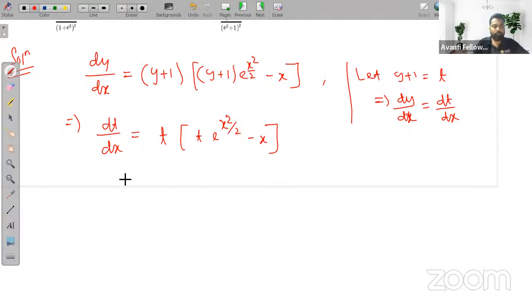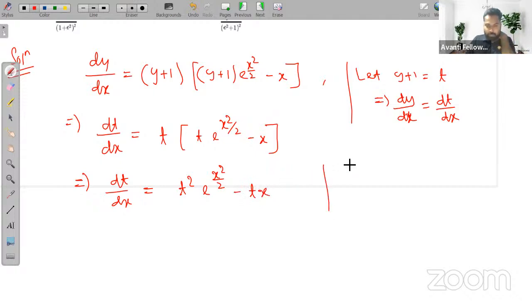So this becomes dt by dx is equal to t square e raised to x square by 2 minus x. Now let's divide t square on both sides.